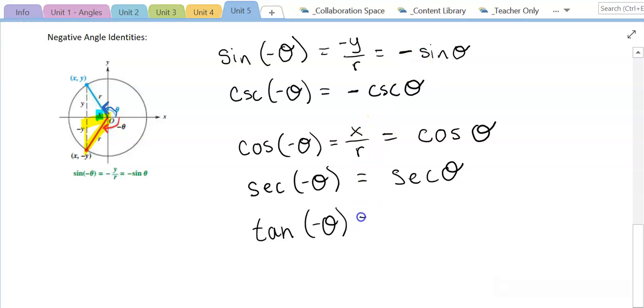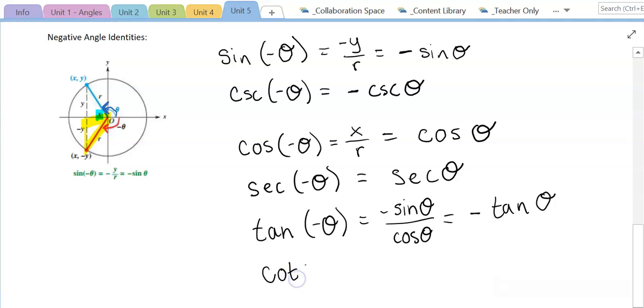We would have had a negative sine over a positive cosine. Obviously, that's going to make a negative tangent, right? A negative divided by a positive is going to make us a negative, which means this will be up for you. Your question: what will cotangent of a negative angle simplify down to? Perfect, negative cotangent.